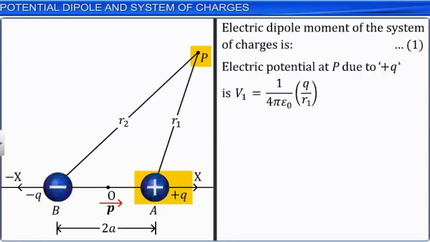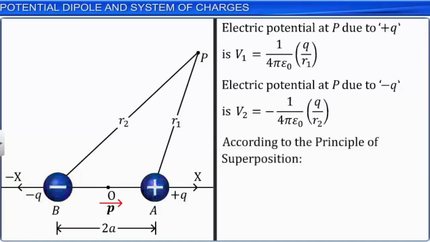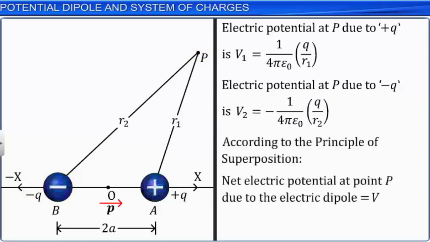Similarly, the electric potential at point P due to the charge minus Q is V2 and is equal to minus 1 by 4 pi epsilon naught into Q by R2, since the charge itself is negative. According to the principle of superposition, the net electric potential at point P due to the electric dipole is denoted by V, which is equal to V1 plus V2.